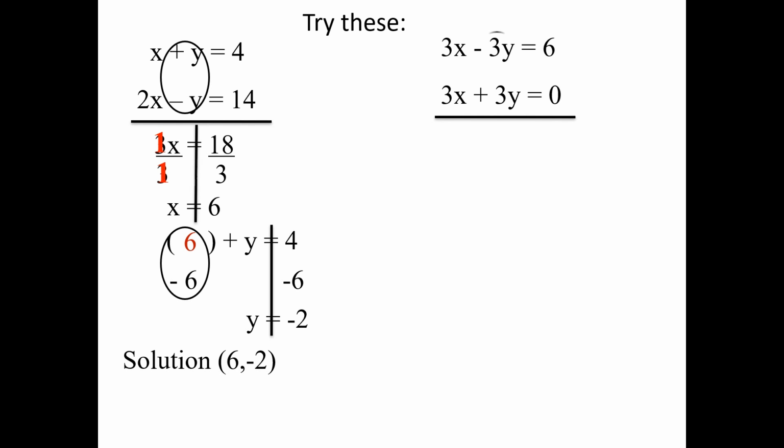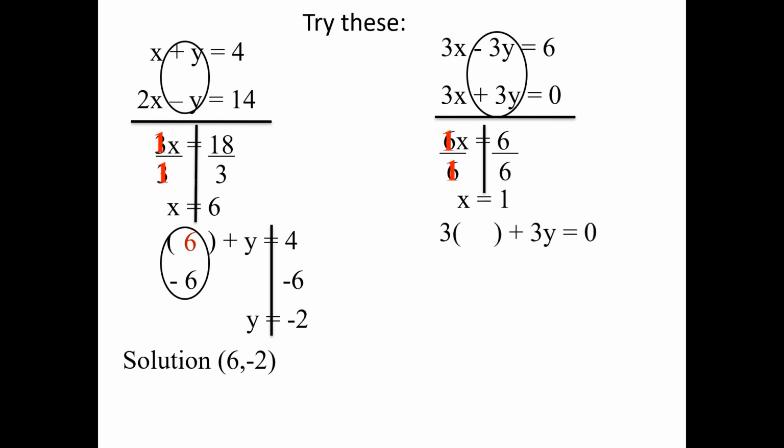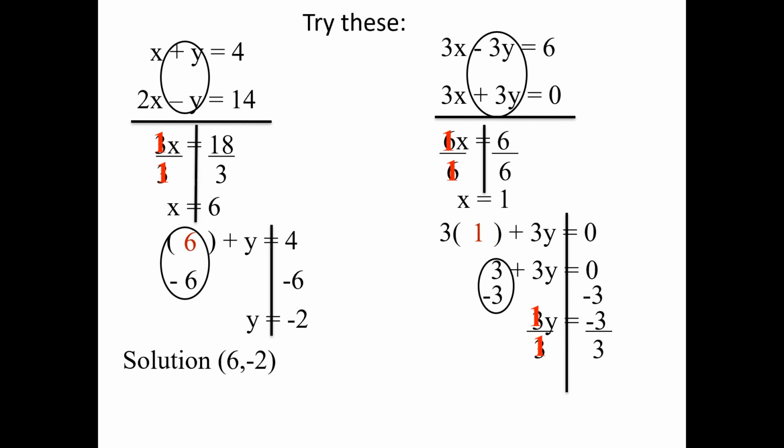So when we combine these two, we get 6x equals 6. We divide by the 6, and we get x equals 1. We go back in, plug the 1 in for the x, and we get 3 plus 3y is 0, 3y is -3, and y is -1, which means our solution is (1, -1).